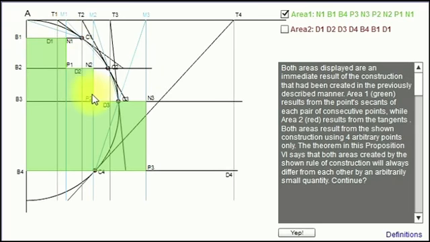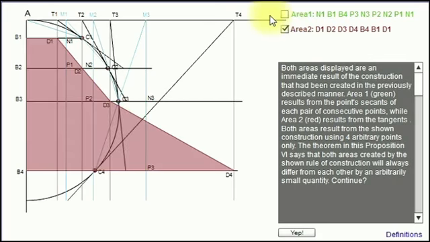It's a stair-shaped area which is produced by or bound by the upper ordinate, and then the successive staircases of N1 P1, N2 P2, N3 P3, back to B4 and up to B1 again, and this is called area 1, a stair-shaped area we call it.